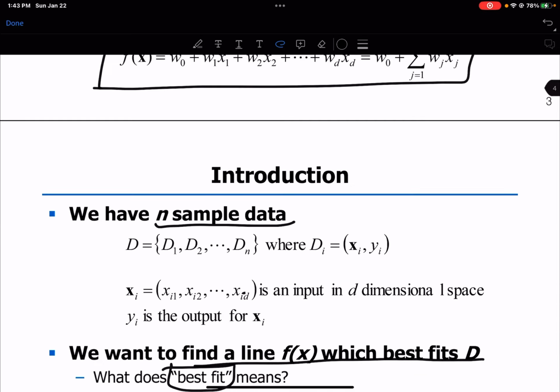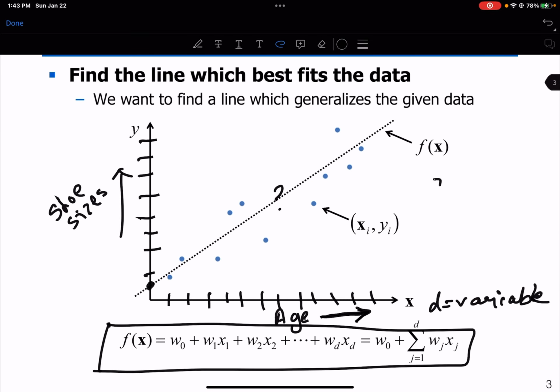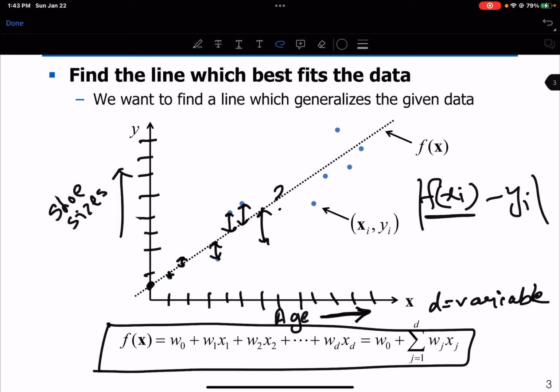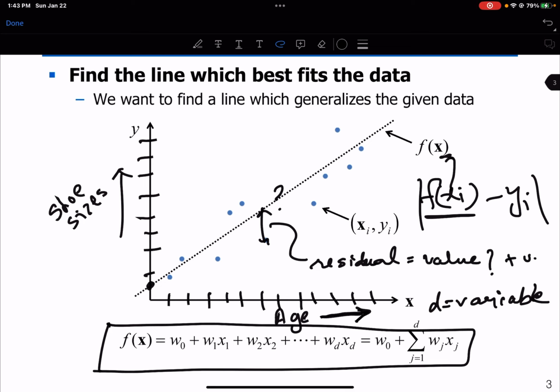So if you look at this line, what is f of xi minus yi in this line? This is the difference between each data point and the line f of xi, which is the line that represents the trend of this data. And we call this the residual. It will have a numerical value that can be positive or negative.